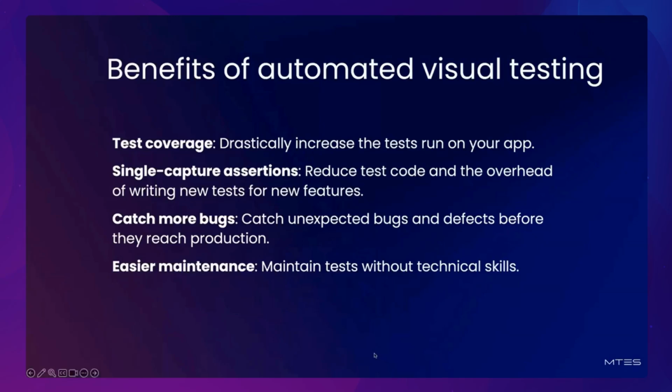And ultimately, what this leads to as well is we have more teammates that can participate in the application quality because the maintenance of tests with the visual approach allows individuals that may not have test skills to be able to approve and reject change and participate in the maintenance of those screens moving forward.